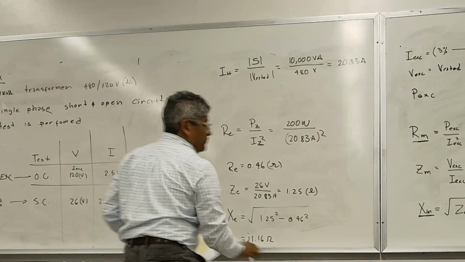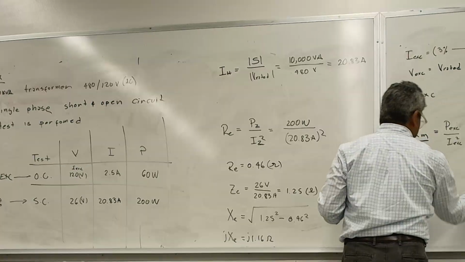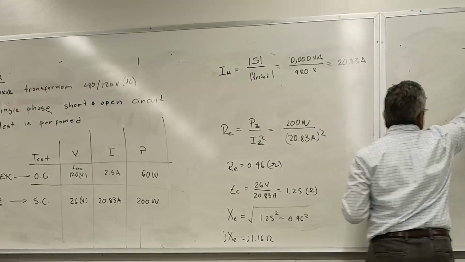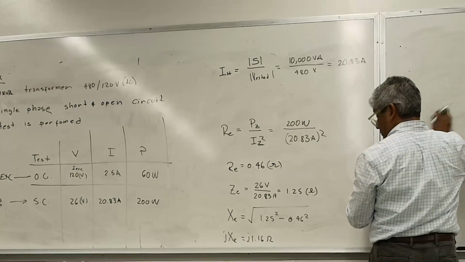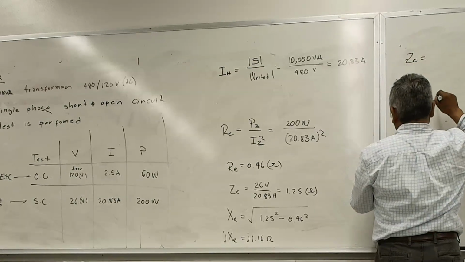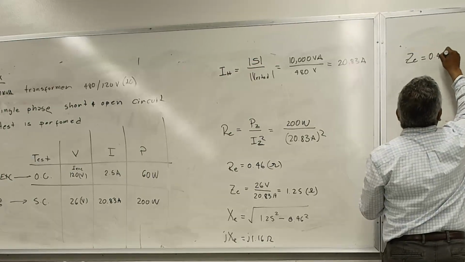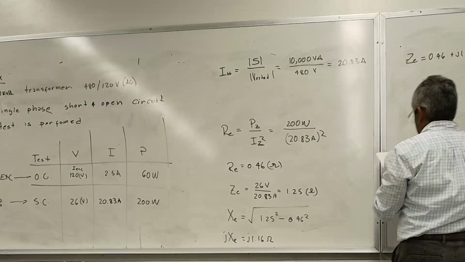Okay, so with that information, basically what I have is my transformer impedance ZE equal to 0.46 plus j 1.16 ohms, okay? So that's that.